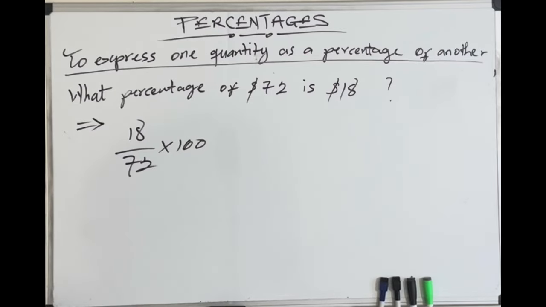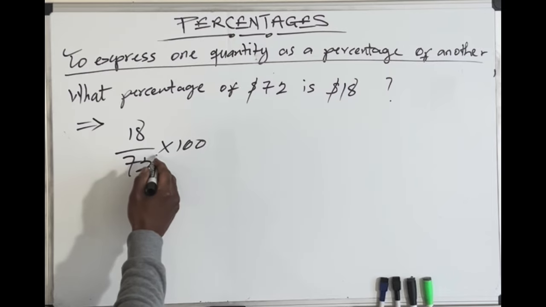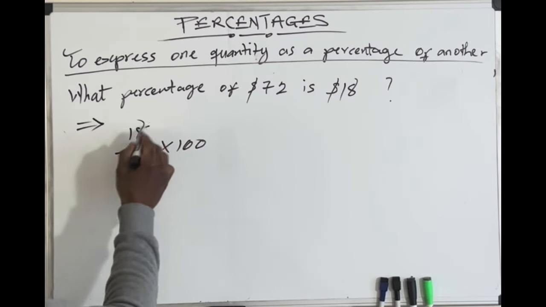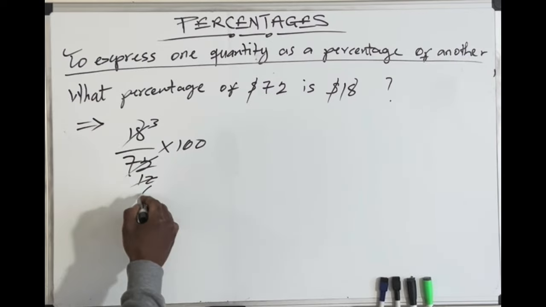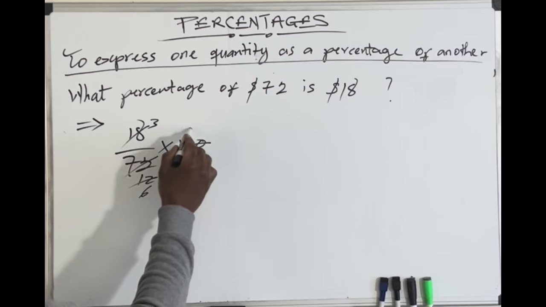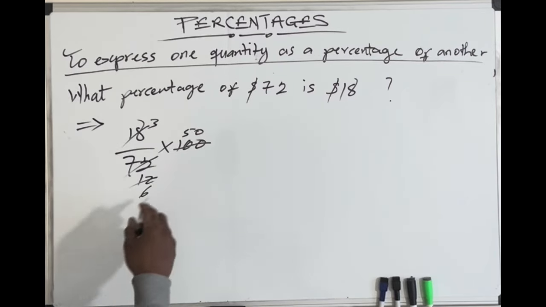Let's use the calculator. 72 divided by 2. Okay, so all right, so 72 divided by 6. Okay, so 6 goes here, 12 goes here, 3, and then 2 goes here, 6 goes here, 50.